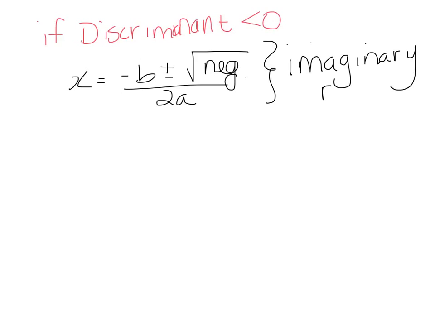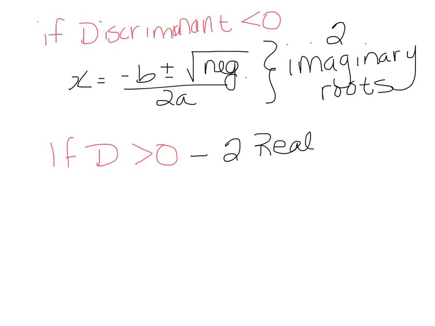So you will have imaginary solutions for x, or you could say you have imaginary roots, and there will be 2 of them. So when the discriminant is less than 0, there are 2 imaginary roots. And the case you saw before, when the discriminant was greater than 0, we had 2 real roots. That's the typical case that we've been doing.